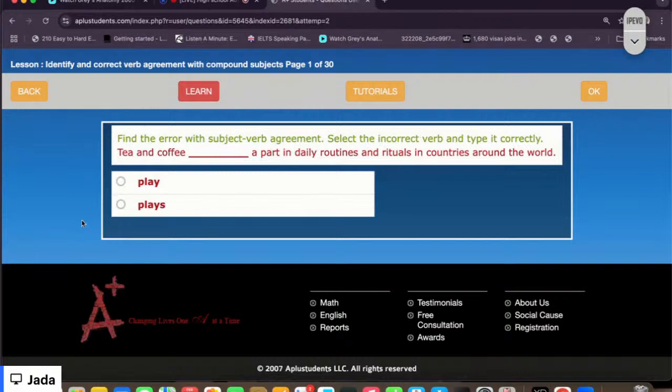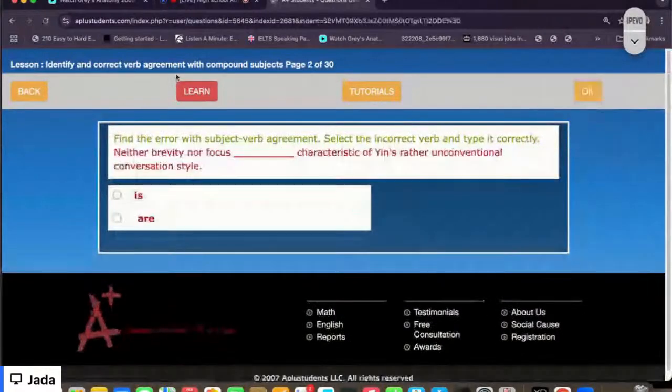So tea and coffee, because of the and, means that it's plural, so you would have a plural verb, which is play.